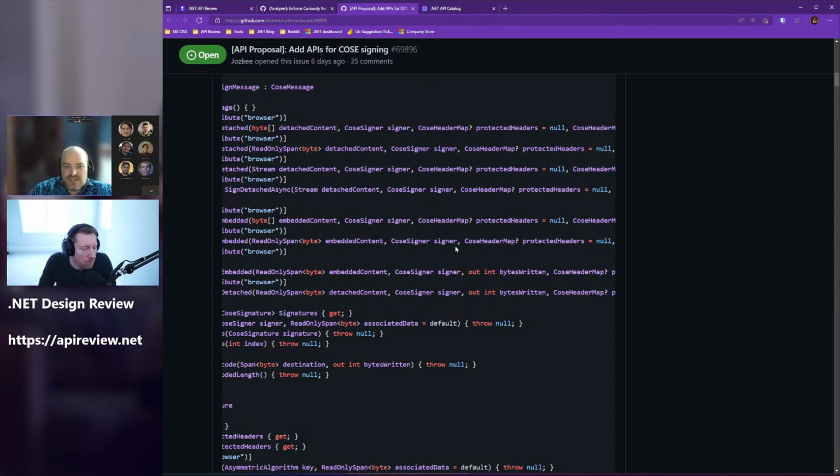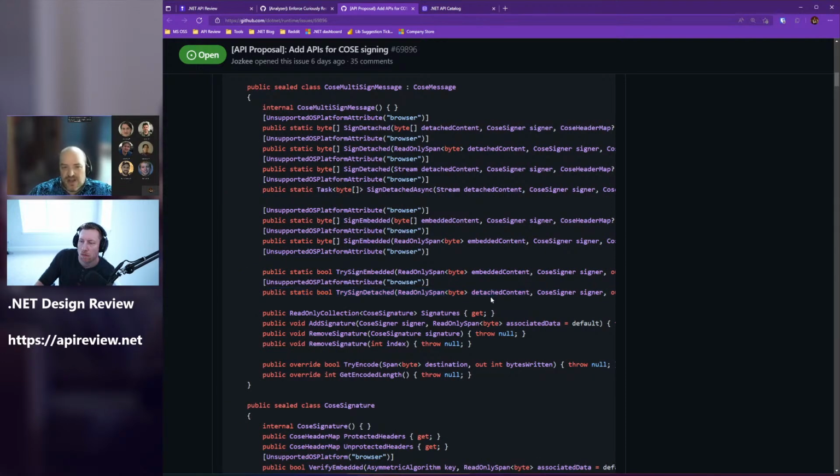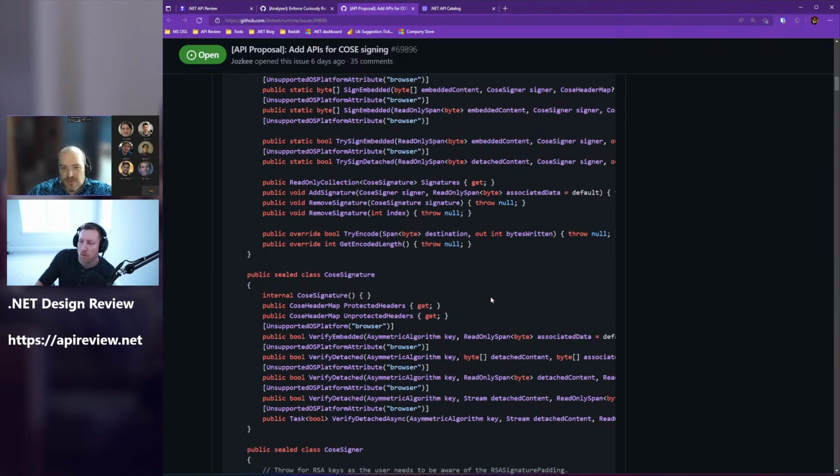But we feel that that's rare enough that they can just call sign, decode, add signature themselves. And if we get something in the future, we can take an IEnumerable of COSE signer or whatever. Yeah, I buy that. Right now, the scenario is super niche for why you would have two signers whose private keys can be represented in the same process.